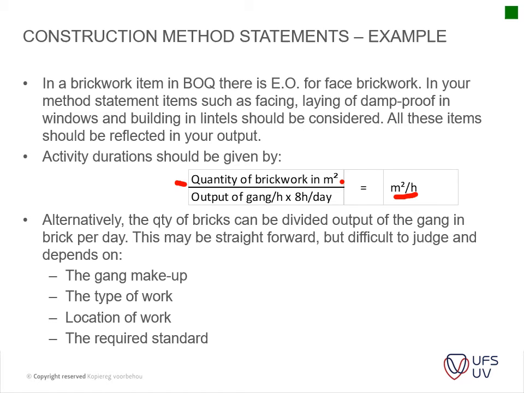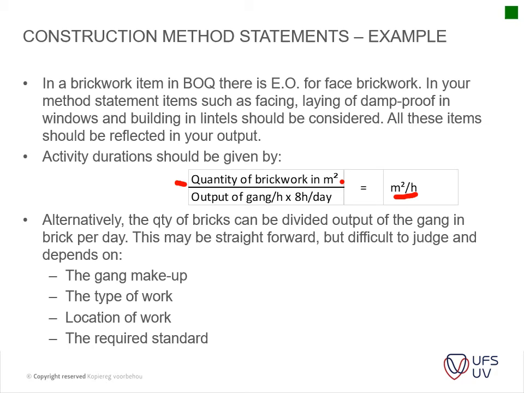Alternatively, the quantity of bricks can be divided out of the gang in bricks per day. This may be straightforward but difficult to judge and depends on the gang makeup, the type of work, location of work, the requirements, standards. So basically, in short, what they're saying is you can either calculate your output.